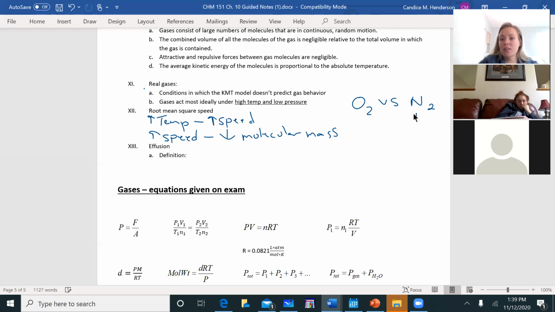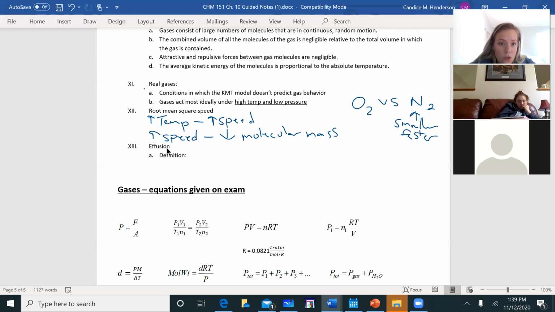So N2 is smaller and faster. Right? Let's say you throw your 6-year-old cousin in the swimming pool. It's much easier to throw your 6-year-old cousin in the swimming pool than it is to throw your 60-year-old father in the swimming pool, right? Smaller, easier to move.